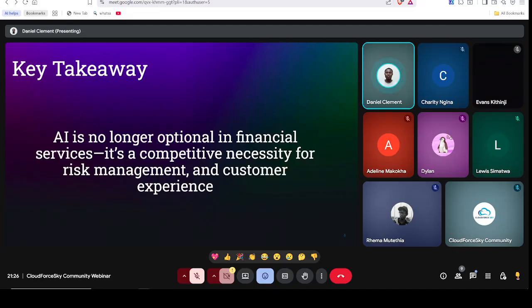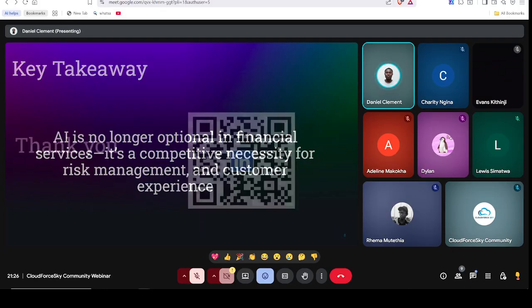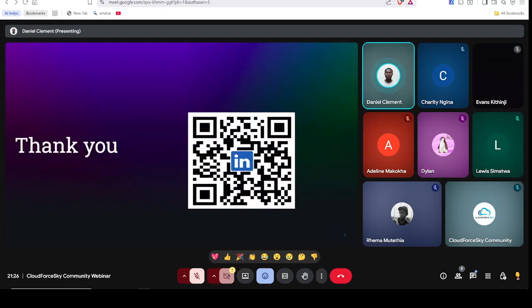So with the help of AI, we're able to do not only risk management, but also enhance our financial transactions or services, and transform our applications and old way of doing things into a digital way. And I would say thank you for having me, and I'm open to questions.